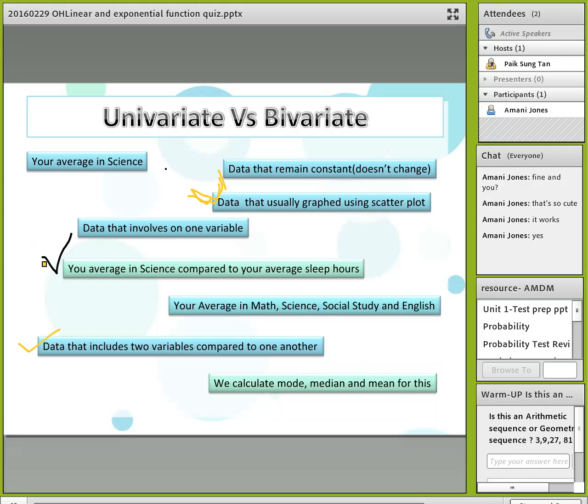So in this case, use the red marker, only mark those for univariate. There's something that's for neither of them, so I want you to just mark it. Good job.